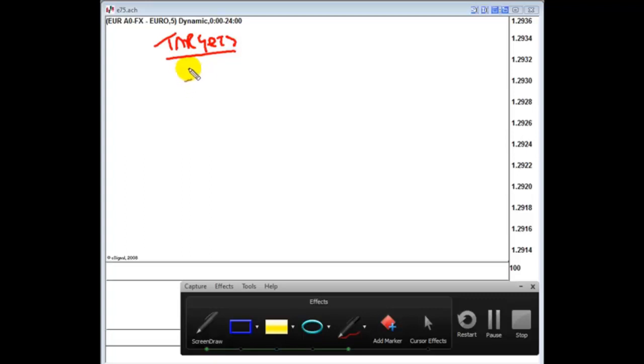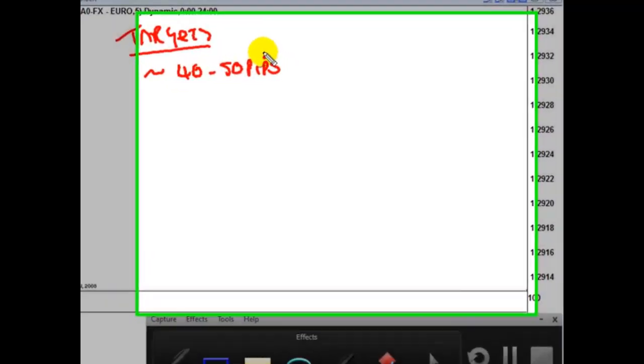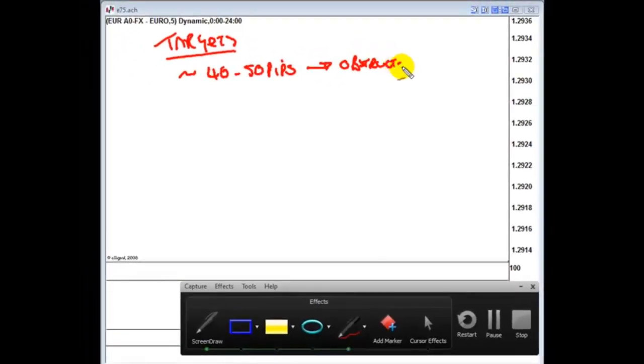So first of all, in general terms, I aim for 40 to 50 pips. I want to know that I have the opportunity of making 40 to 50 pips on the trade, and there's no real obstruction to that. I don't want an obstruction to that.